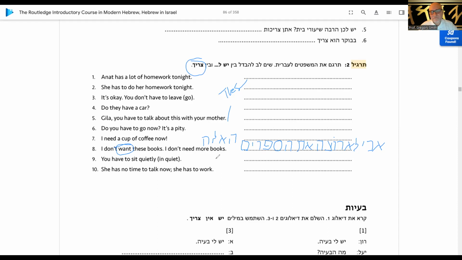Or let's see, let's put it in here on this here. Ani lo zarich od. Okay, yeah, od. אני לא צריך עוד ספרים. Yeah, od sfarim. Okay, so od is more.